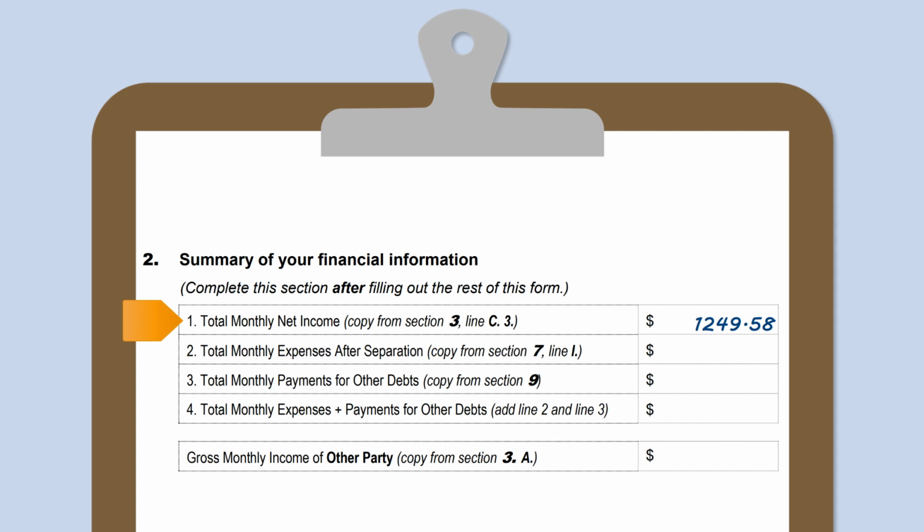You will find this number from section 7, line I. Copy that number into this box. The third number is your total monthly payments for other debts, and you can copy that from section 9. Now grab your calculator one last time. Add line 2 and line 3 and put that total in the box in line 4.